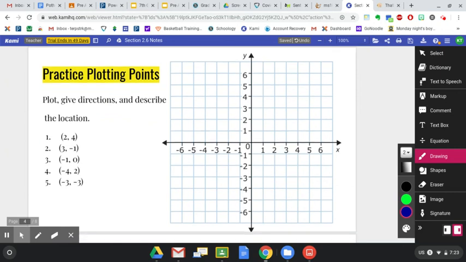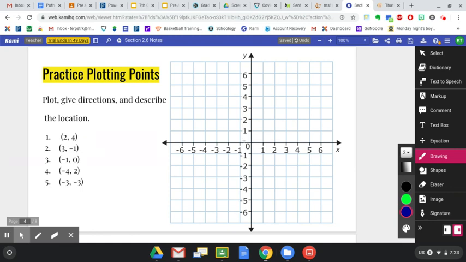So, practice plotting points. We did this before, but we didn't really describe the location. Let me erase that here. Look at the first point, positive 2, positive 4.